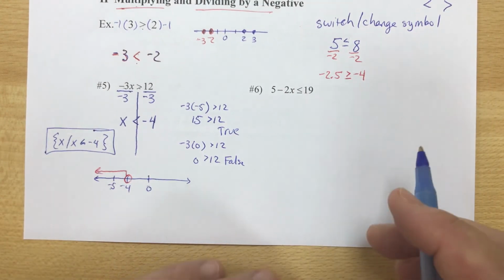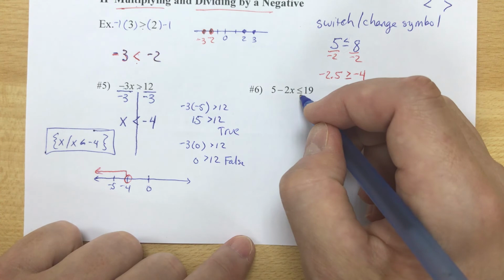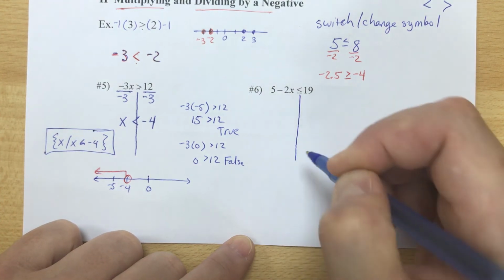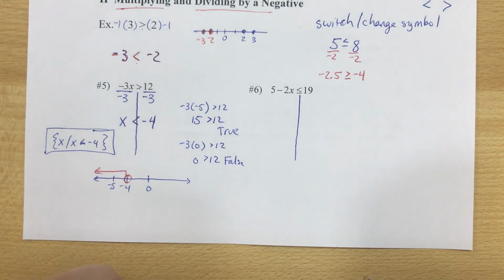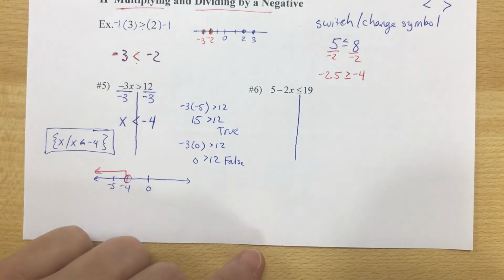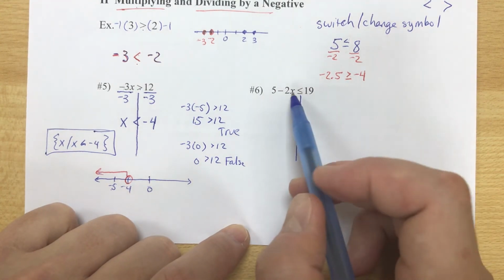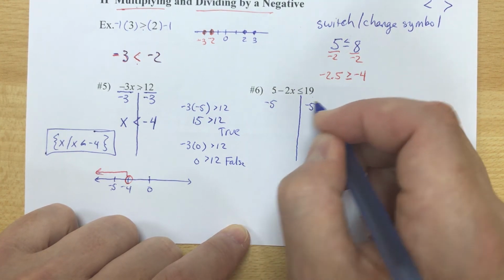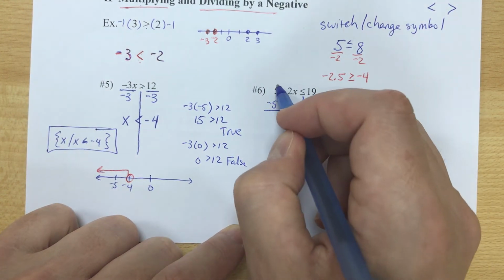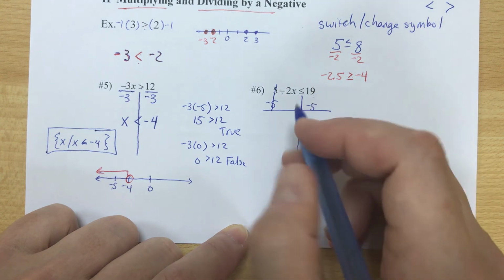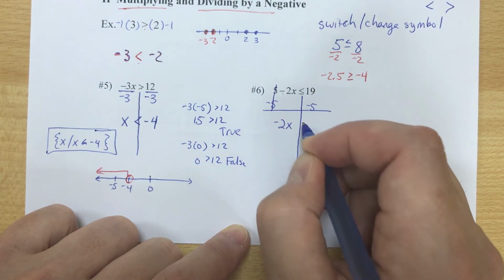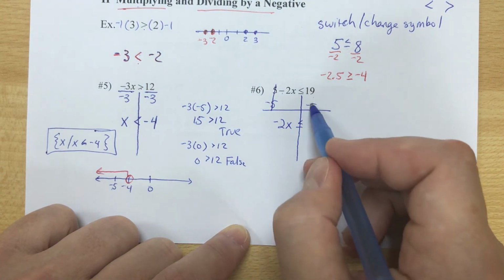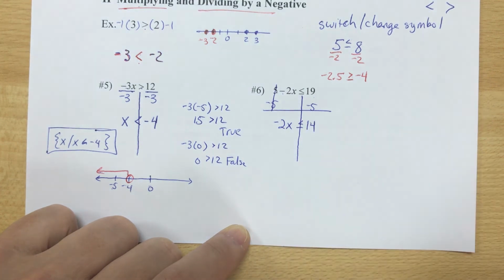Let's do one more here, number 6. Go ahead and pause it and see if you can get the answer to this, and then unpause and see if we agree. First thing I'm going to do is move the constant 5, so subtract it from both sides. 5 minus 5 is 0, but that leaves us with negative 2x less than or equal to 14.